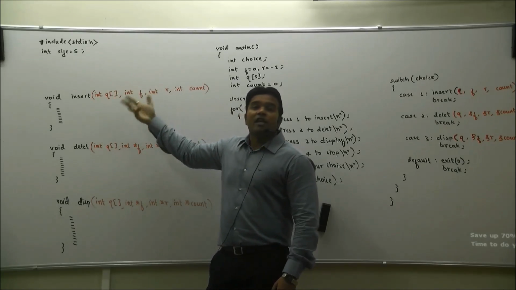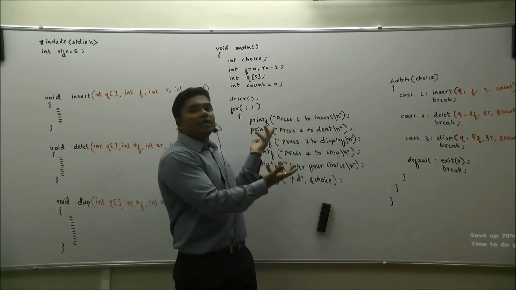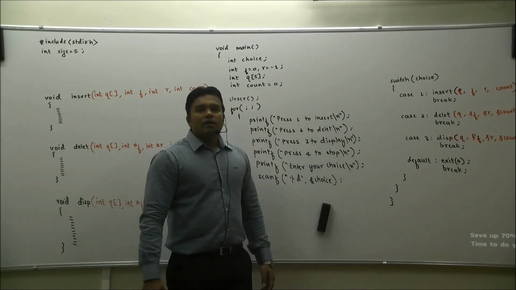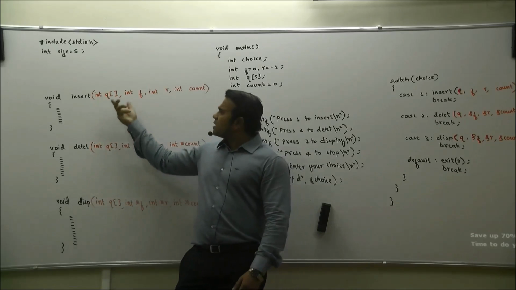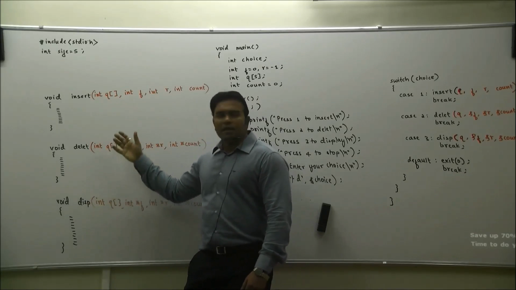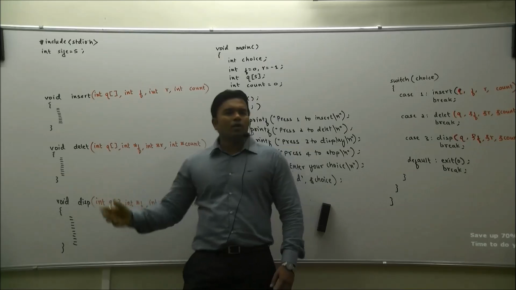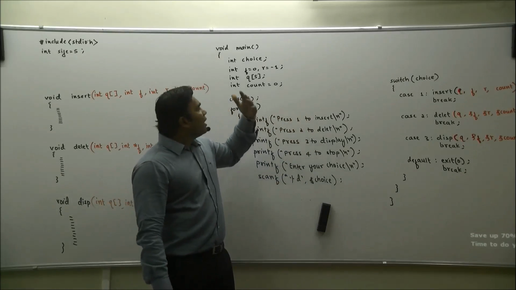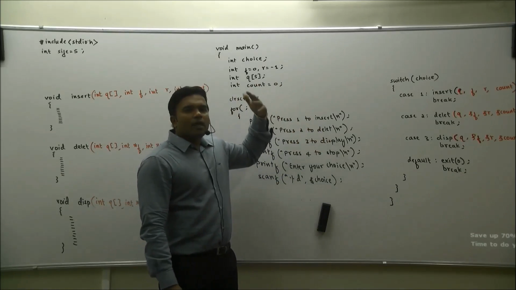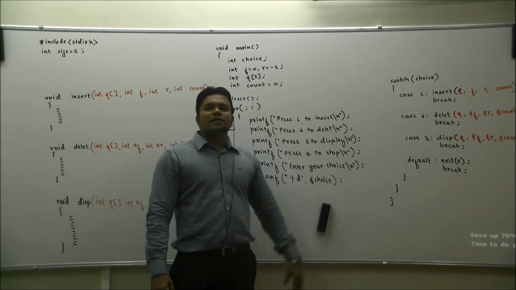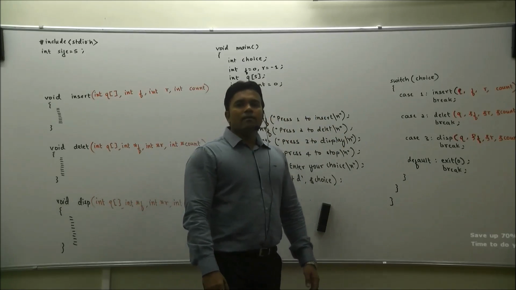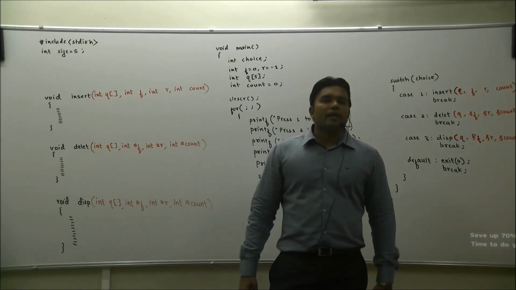But that change doesn't get reflected back in the main. So whatever changes you do here, insert, delete, display, whatever changes you do, your front will be 0 only, your rear will be -1 only, your count will be 0 only always here. That is a meaningless program to write.